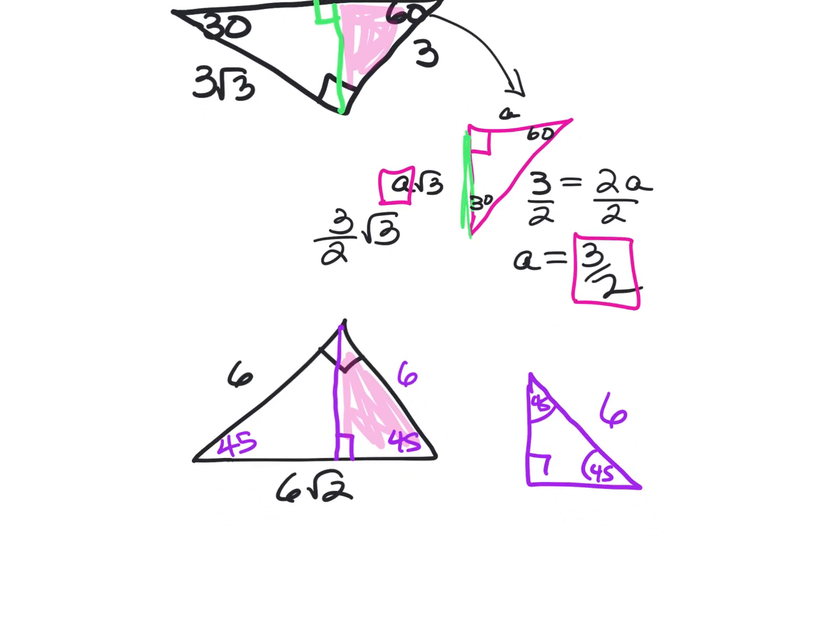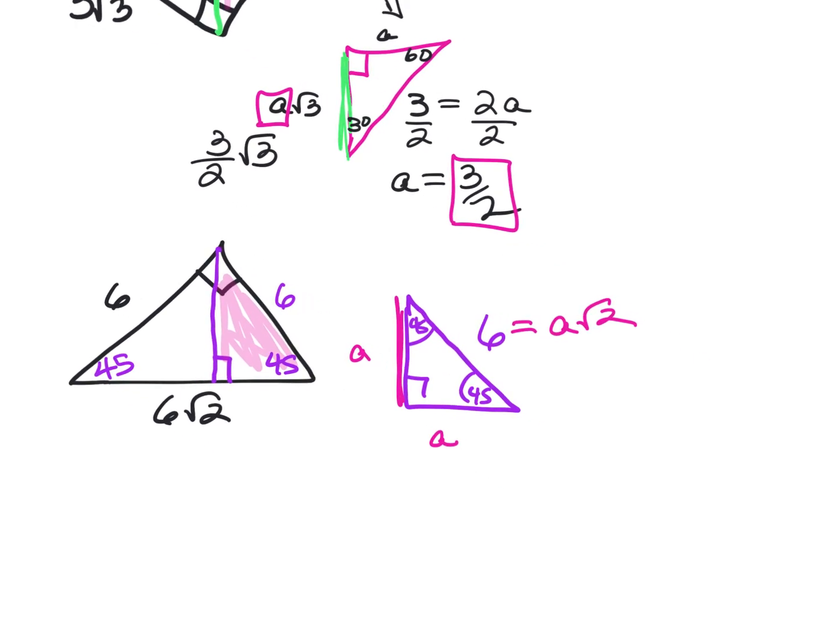Now, in order to find this altitude here, I need to memorize the relationship of the sides of the 45, 45. This is A, this is A, this is A square root 2. So to find A, which is the altitude, I need to solve this equation. So divide by square root 2.